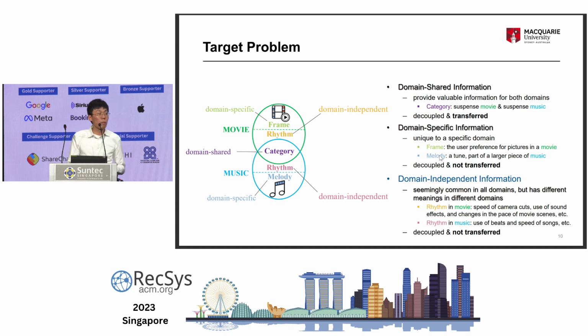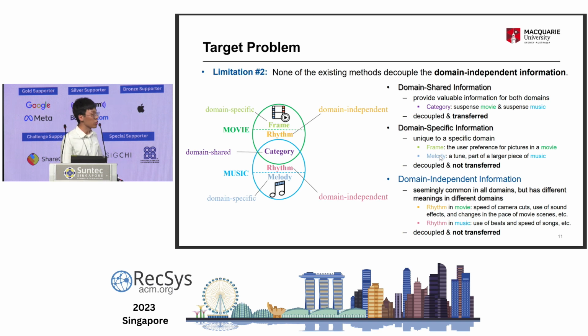So such domain-independent information should be decoupled, and it should not be transferred to the other domains, or it will provide useless information or even cause negative transfer. So the second limitation here is that none of the existing methods decouple the domain-independent information.